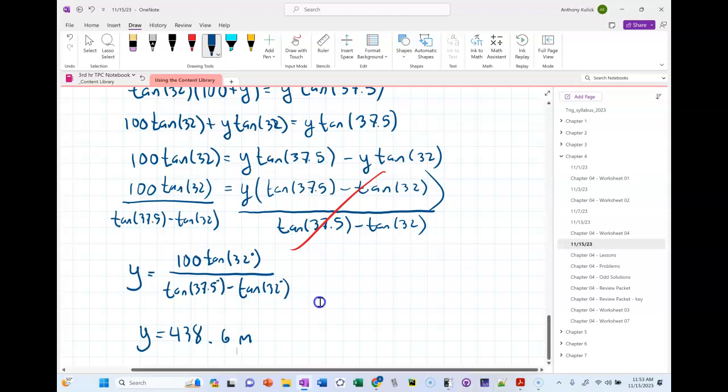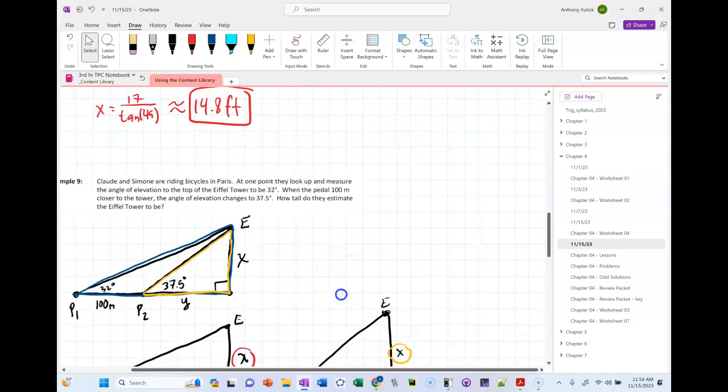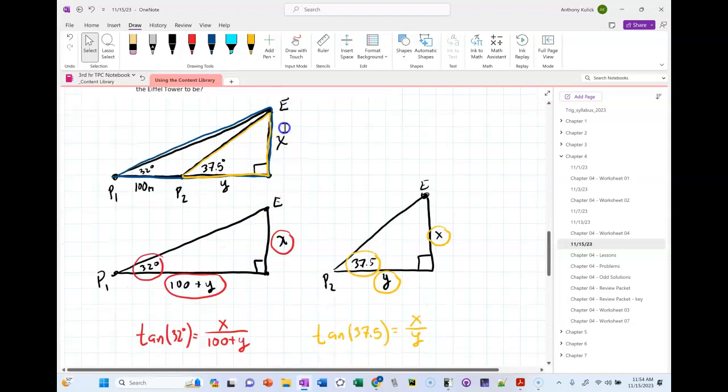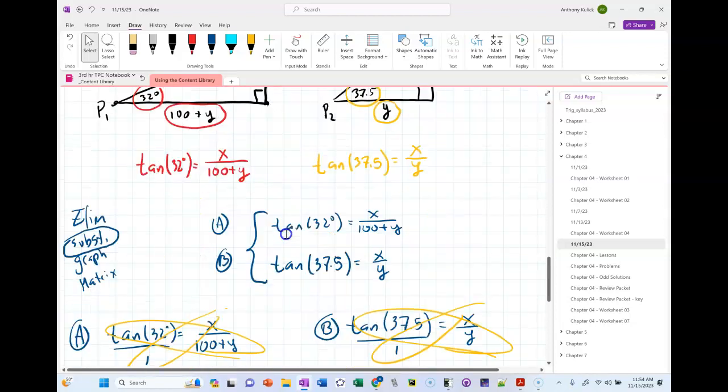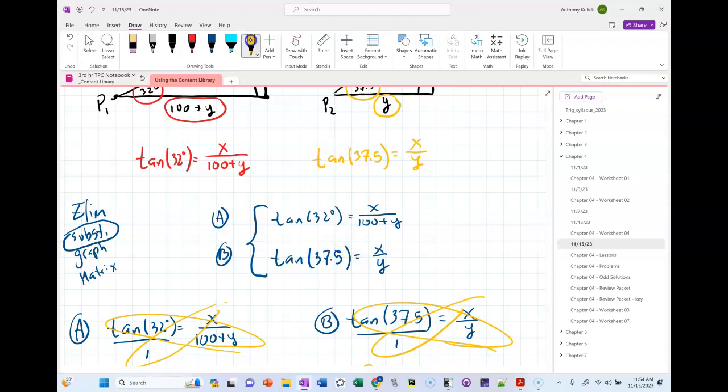What were we asked in the question? Let's go back and look real quick. We're looking for the height of the Eiffel Tower. That's x. So we have to figure out what x is.